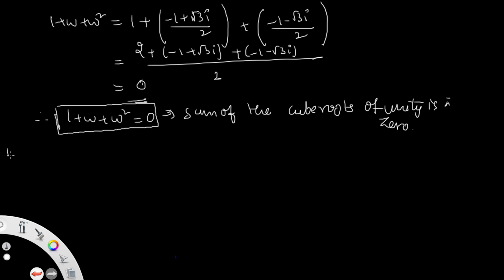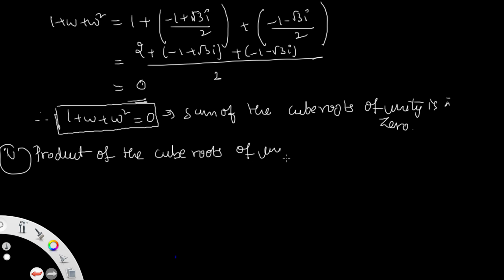Let us find the next property, the product of the roots. The product of the cube roots of unity becomes 1. So we will see.